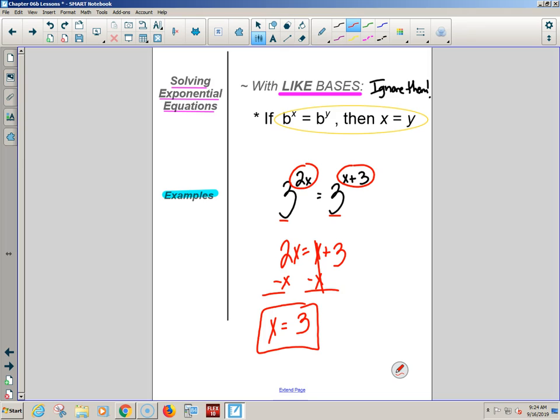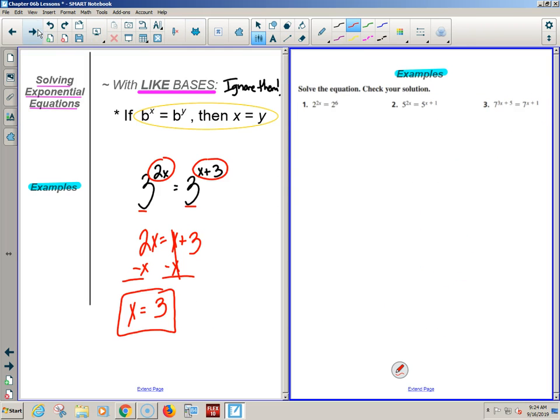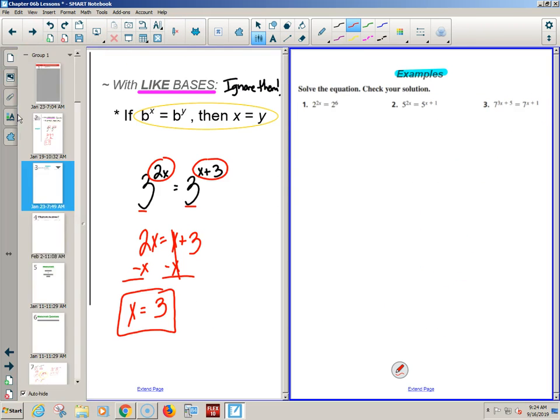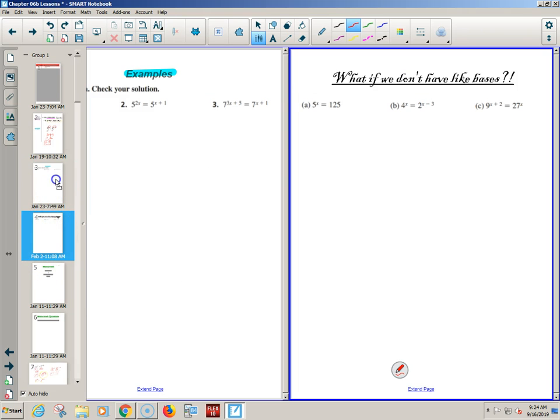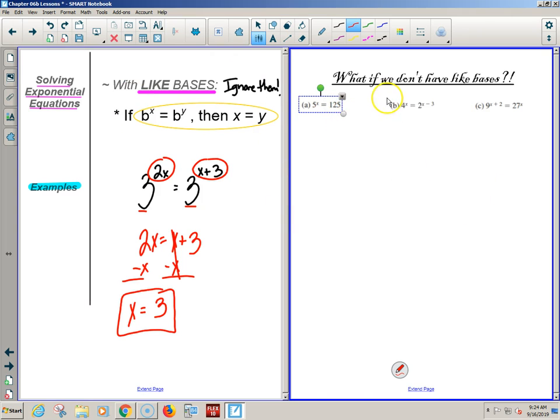But the problem is, do you think those are the only types of equations we're going to see? No. So let me go ahead and show you another type of example. What if they're not alike? And for the sake of us being able to focus on just one problem, let me make this one big.